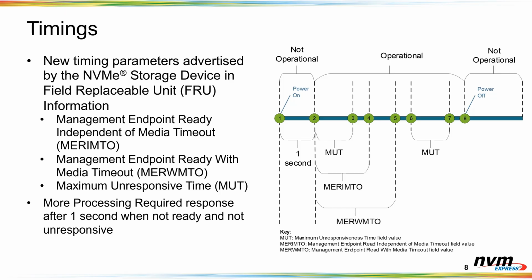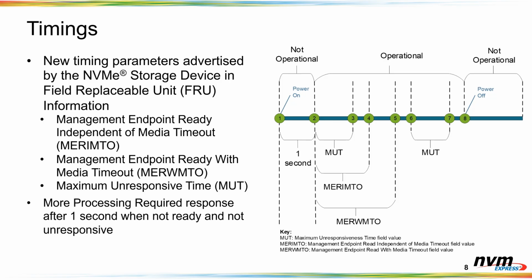And so we added a few new timing parameters where the device can advertise how long it needs to get ready for commands that don't require media access and how long it needs for commands that do require media access. And we permit devices to return a more processing required response until they are ready. And we added a requirement for devices to return an estimation of how much more time they need if they do send that more processing required response.